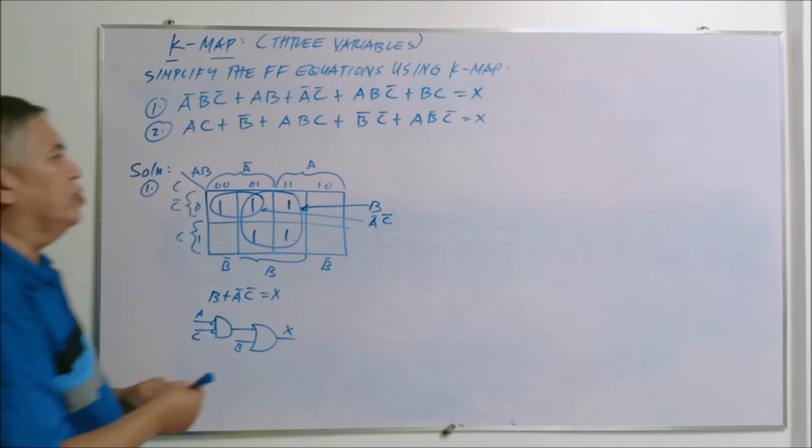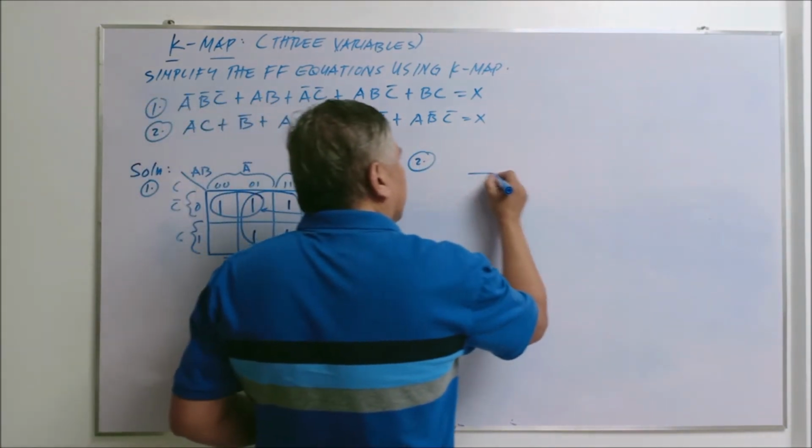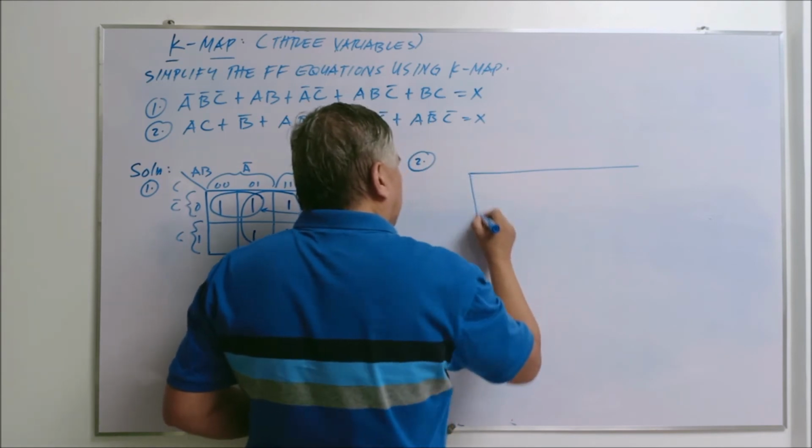How about number 2? What will be our solution? Again, we make a map.